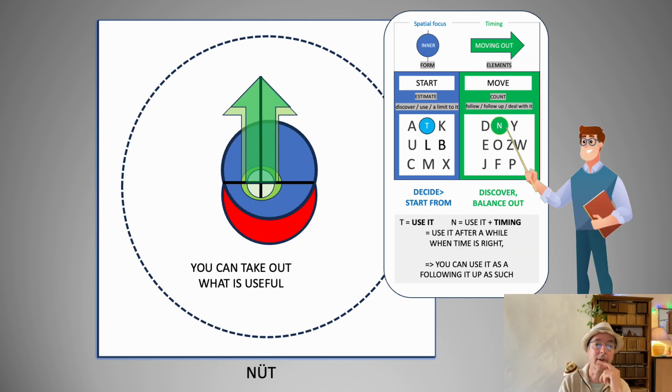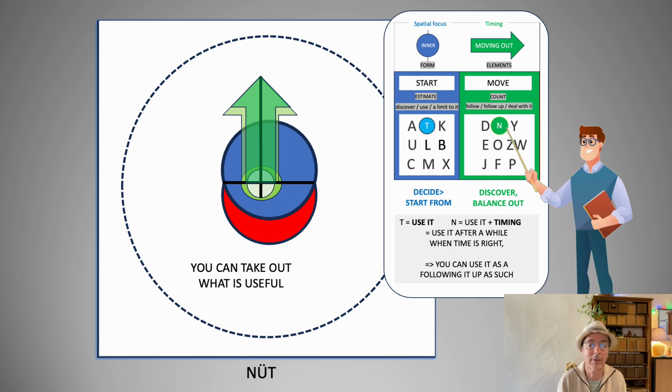And if I look at the theory, you can see there the T on the second level is about material, what is materializing, and you start to use it. That's the T. On the next level, it starts to use it with the aspect of timing, so you only use it within the correct time frame.